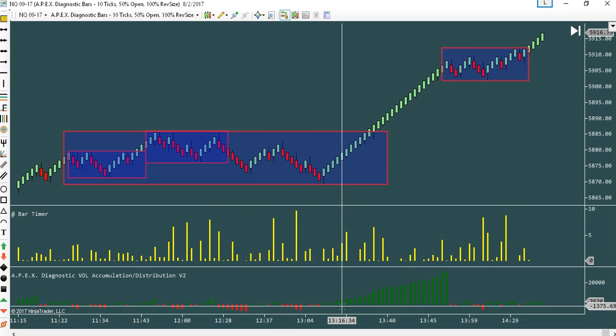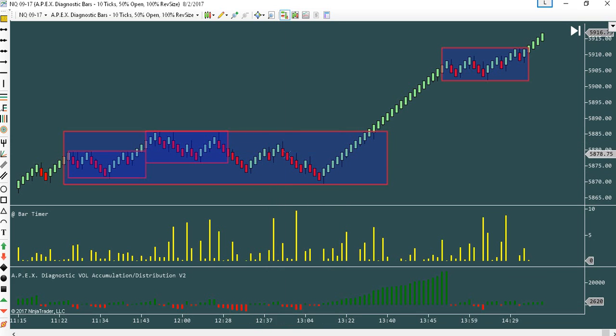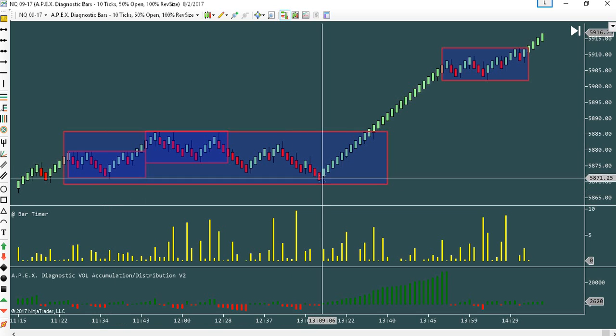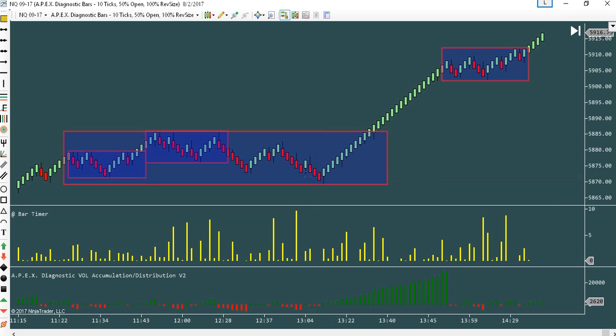But then what do we see? We see it pushing down, trying to kind of get out of this previous zone of chop. But what did it do? When it tried to push down right here, we had a little bit of push in VAD, right?